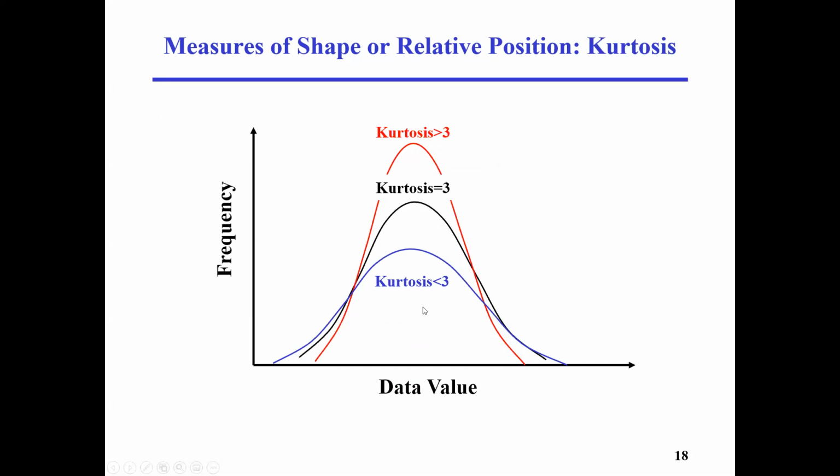But if your kurtosis value is smaller than 3, then you have this blue curve to address the histogram of your data set. Compared to the black curve, it is fatter, it is flatter, right? But if your kurtosis value of your data set is larger than 3, then you have this thinner, higher, less flattened red curve to address the shape of the histogram of your data set.